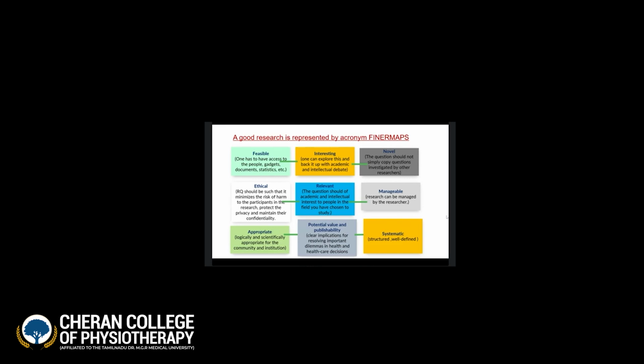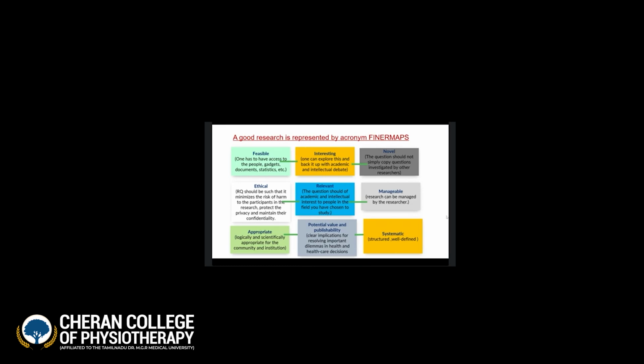And we should always protect the privacy and maintain the confidentiality of the research. But if we talk about ethics, it's very vast, so I'm not touching that part. So in short, I can say that ethical considerations are very, very important when you are taking a good research question. And next one is relevant.